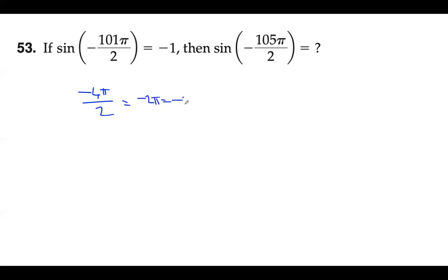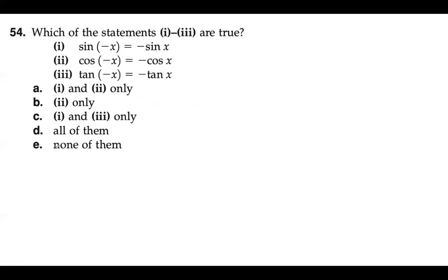And what is negative 2 pi? Negative 360. What do we know? If we subtract 360, it will not change the angles, and it will not change the numerical values of trigonometric functions. So if the first one is minus 1, the second one is also minus 1. Let's move on to the next question.